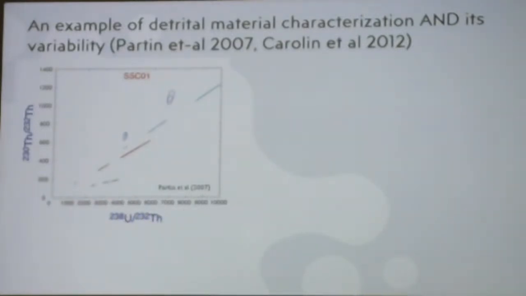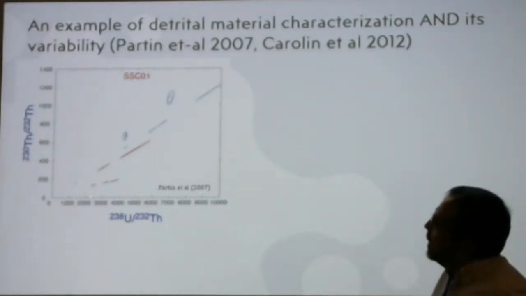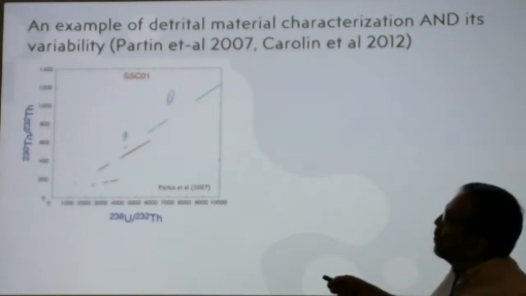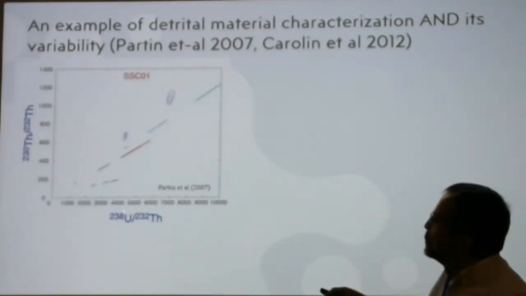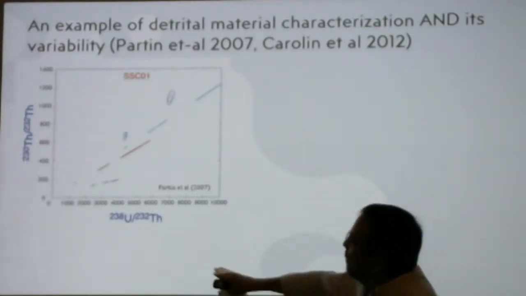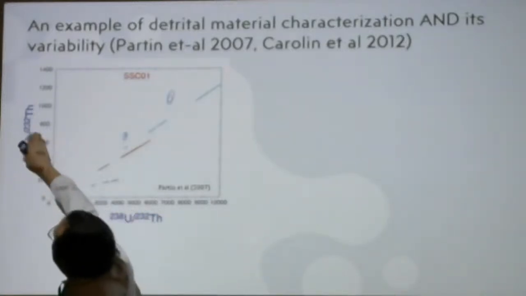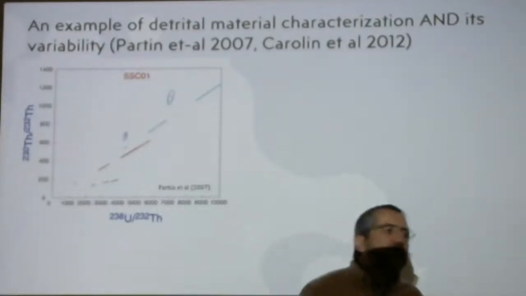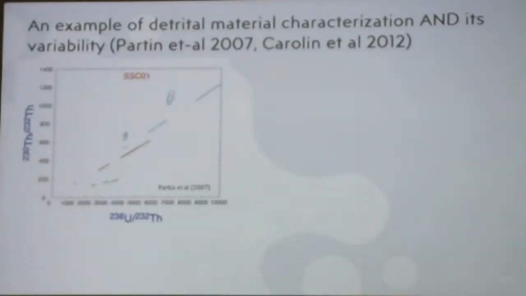Basically, what I mentioned about error correlations earlier is because the uncertainty here in 238 to 232 is correlated with the uncertainty of 230 to 232. Why? Because the uncertainty of 230 to 232 has to be reflected in both axes.